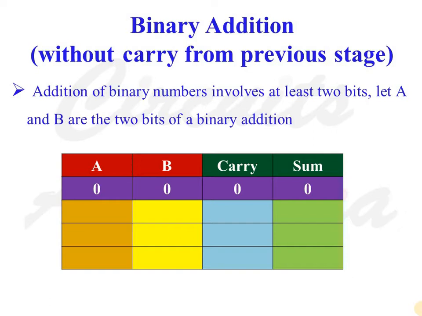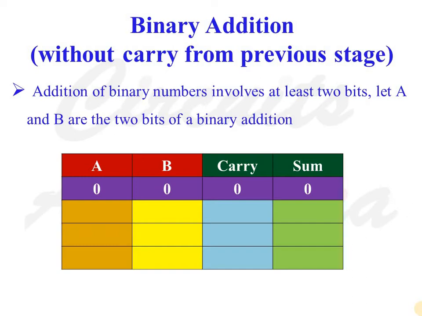Before going into the truth table of this binary addition, let us discuss in general what is the sum output and carry output. If both bits involved in the addition are zeros, then sum is equal to 0, carry is equal to 0.